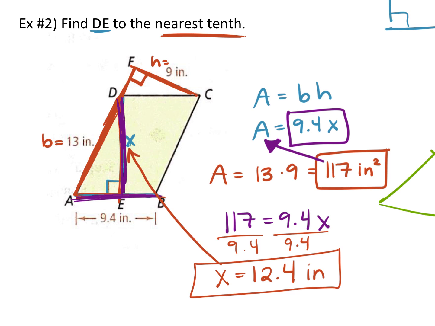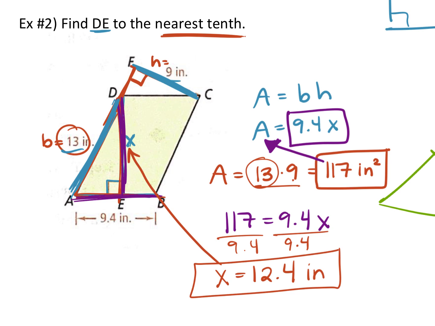If you did, you see where the 13 times 9 is? If you use 9 right there to get 117, then why would you divide 117 by 9.4 and not 9? Well, because if you divided by 9, you would just get this base back, right? We want the other base and height relationship. So this base goes with this height, so 13 times 9 is the area.